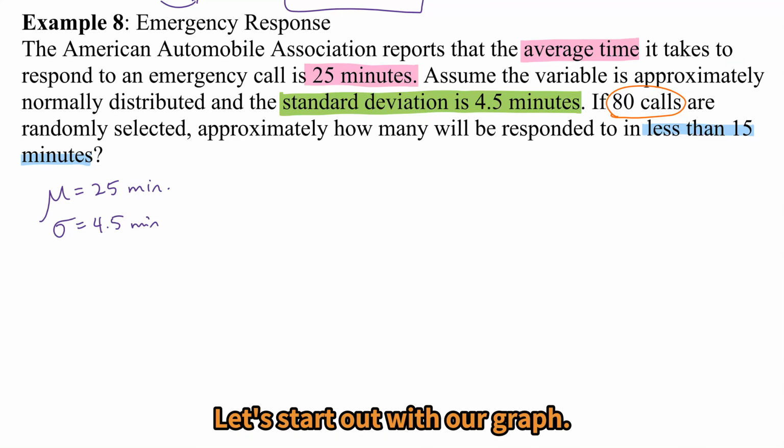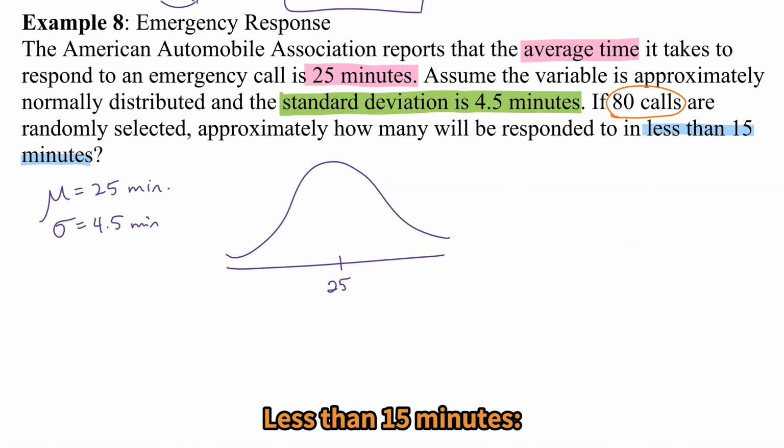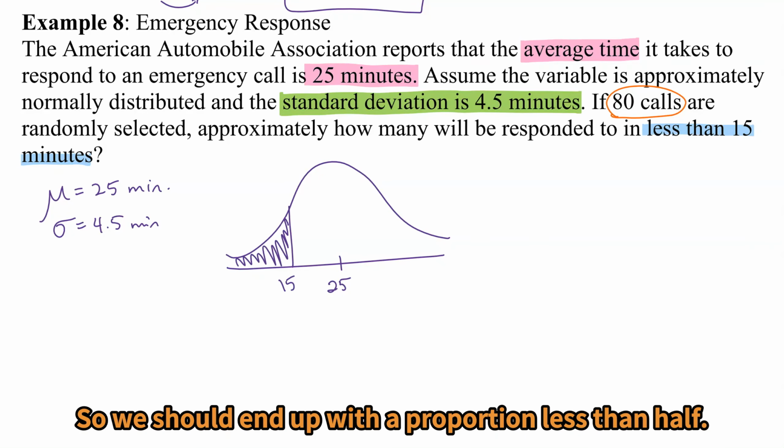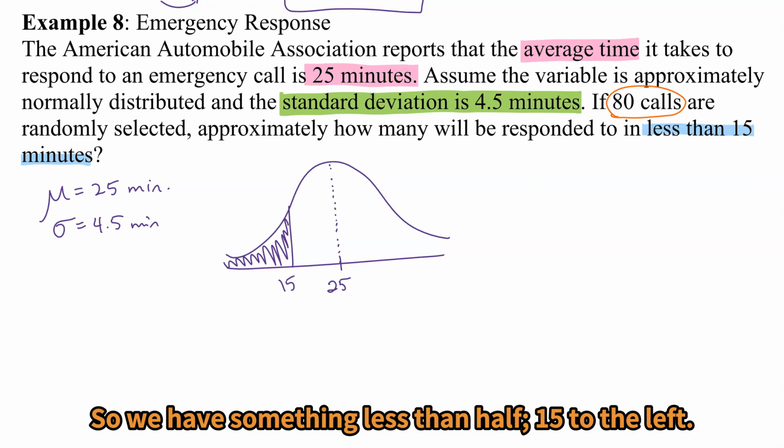Let's start out with our graph. We'll put our mean in the middle, 25 minutes. Less than 15 minutes. 15 is going to be over here on the left of 25. So we should end up with a proportion less than half. Remember, the 25 would split the graph in half. So we have something less than half, 15 to the left.